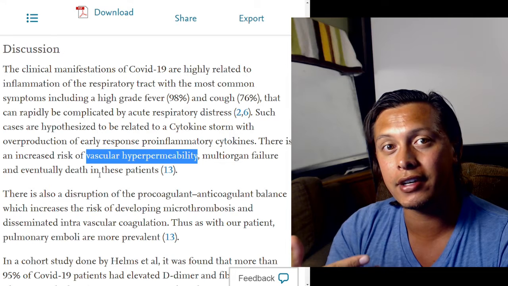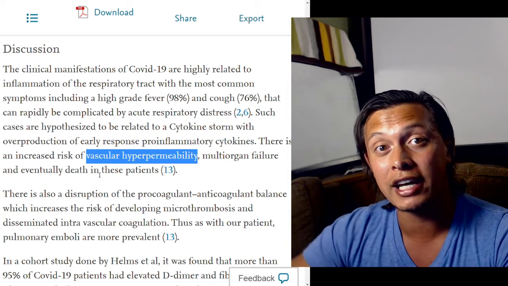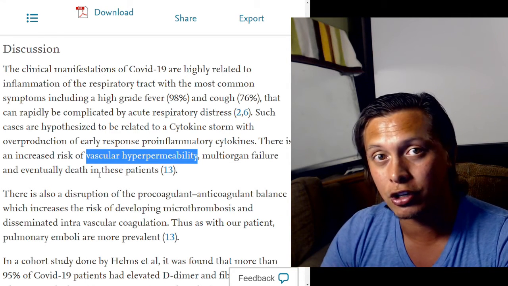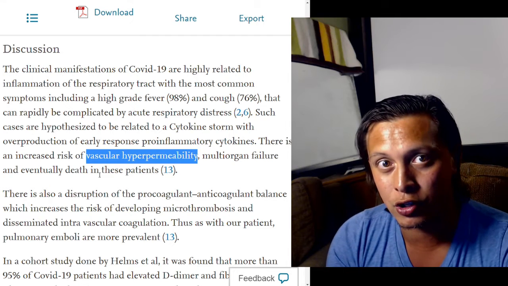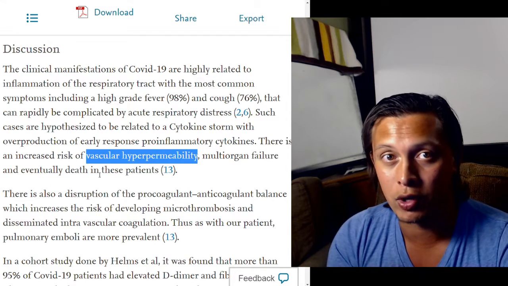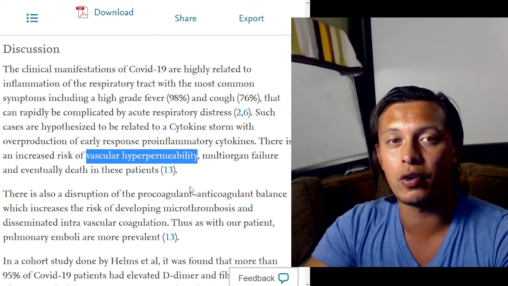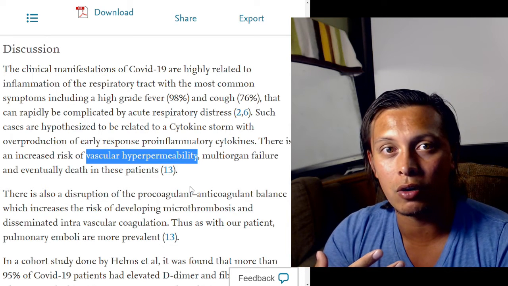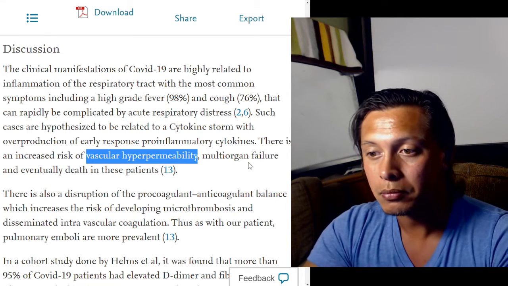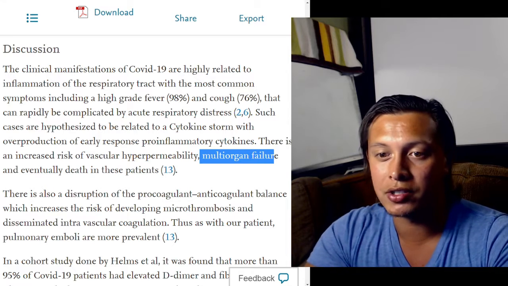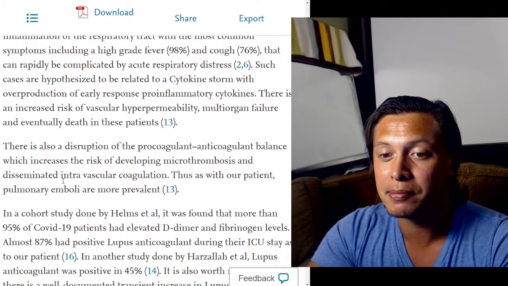However, if it goes overboard, it can end up damaging your body, because if your blood vessels are too leaky, there's too much stuff flowing back and forth. So it's good for this process to be well regulated. Anyways, you can also get multi-organ failure and eventually death in these patients.